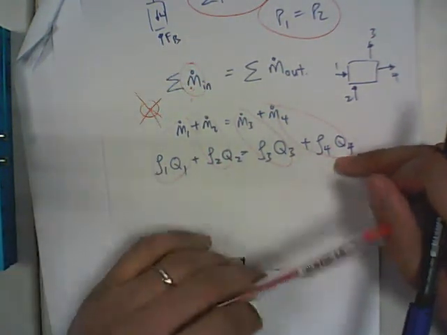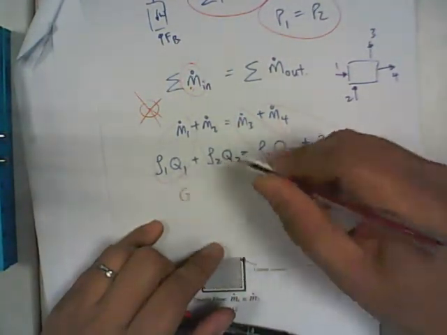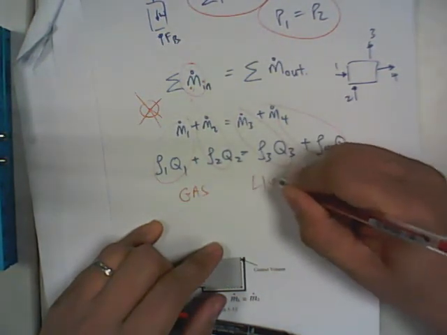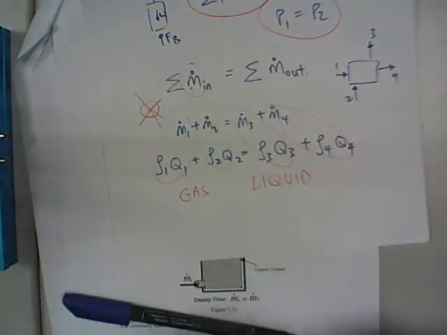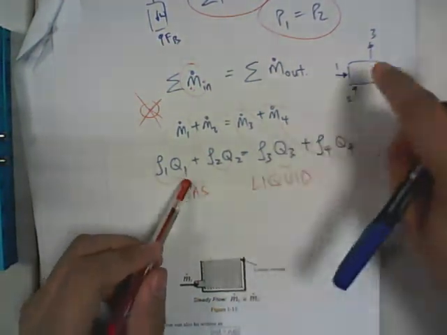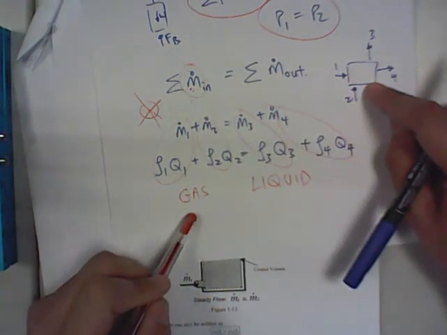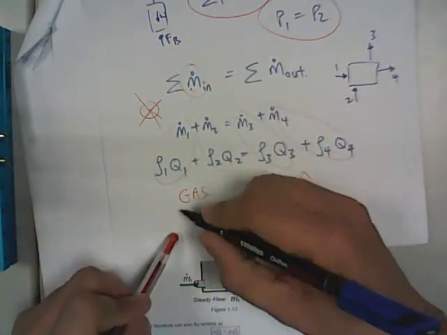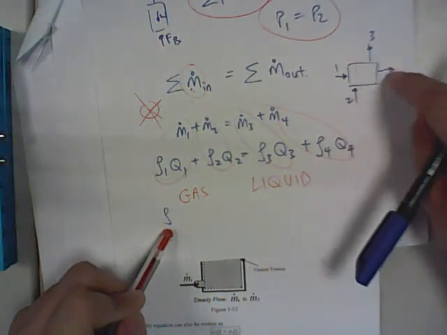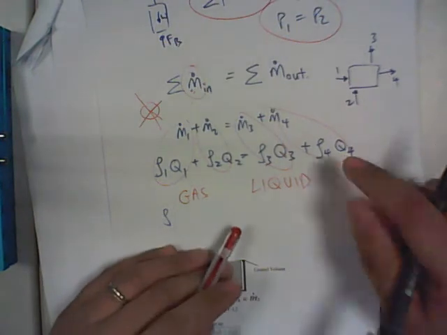But we have to make a distinction between two types of flow: gas flow and liquid flow. If your fluid is a flow of gases, the chances are that the density might not be the same as it goes in and as it comes out, so rho 1, rho 2, rho 3, rho 4 may not be the same.